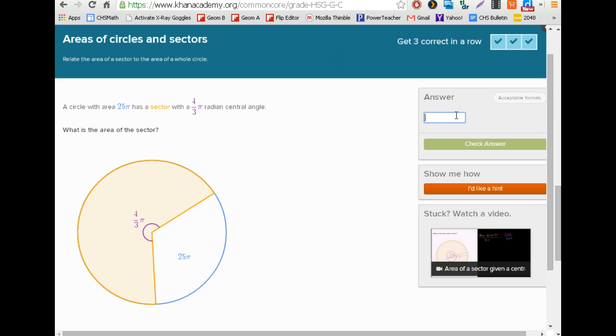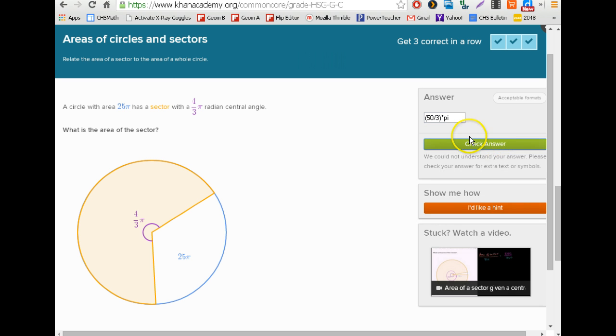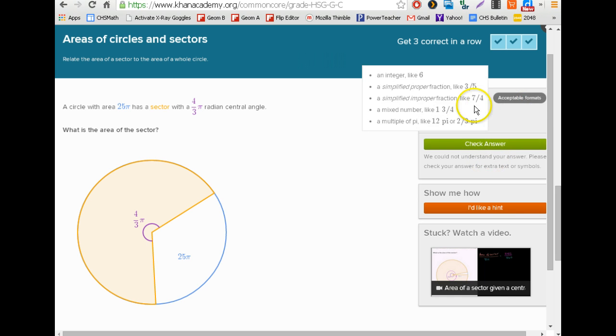So that's okay. That was 50/3. Let me put that in parentheses. So open parentheses, and I'll put 50 divided by 3, close parentheses, times pi. I didn't like that. What am I supposed to do?